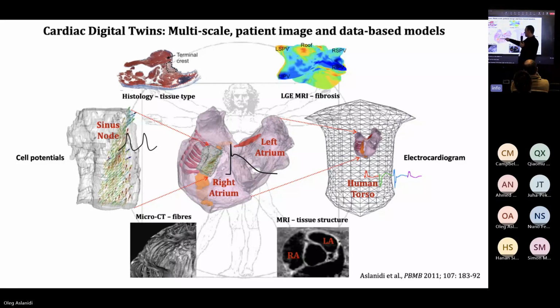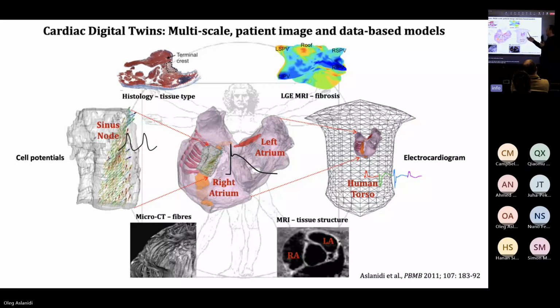And this is the cluster that sends our normal heartbeat once per second, the sinoatrial node. So we need to have good knowledge of how the sinoatrial node works. We need to know the orientation of individual cells within it. It's a very small piece of tissue, about this big. We need to know how electrical action potentials develop inside the sinoatrial node.